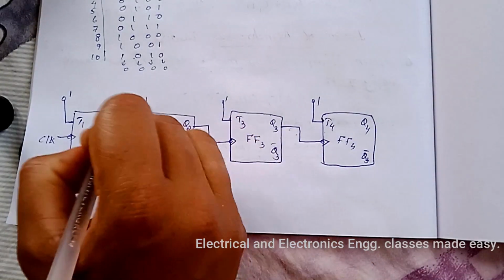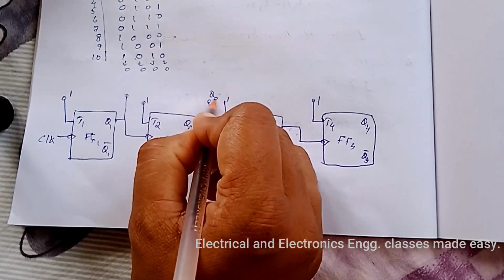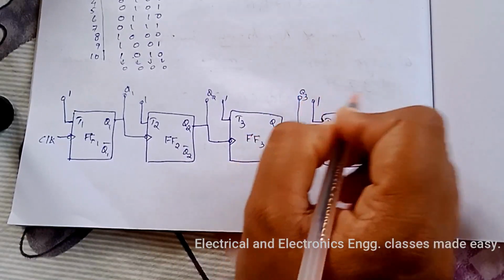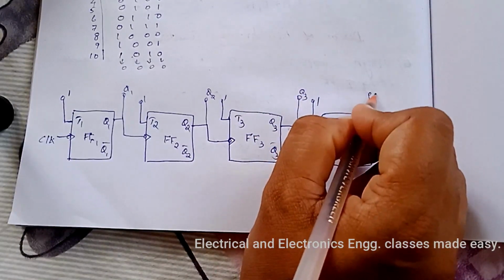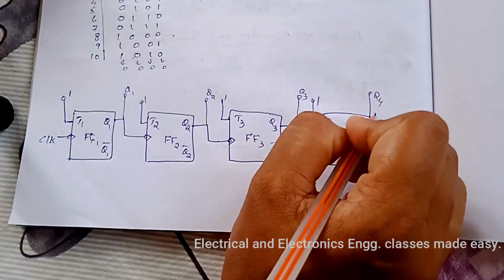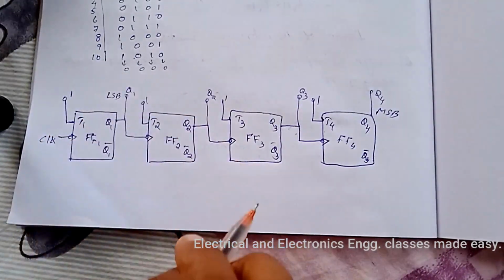Then Q1, Q2, Q3, Q4 are the 4 outputs, and Q4 is the MSB and Q1 is the LSB.